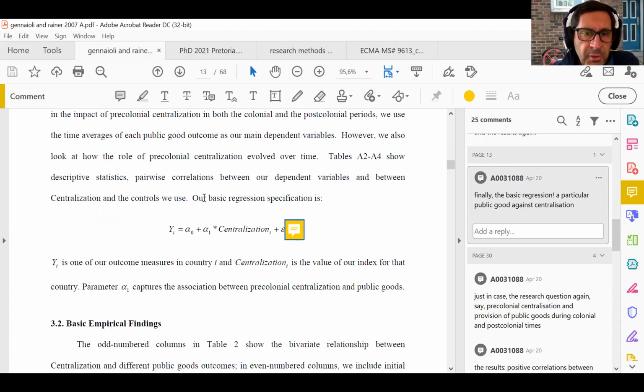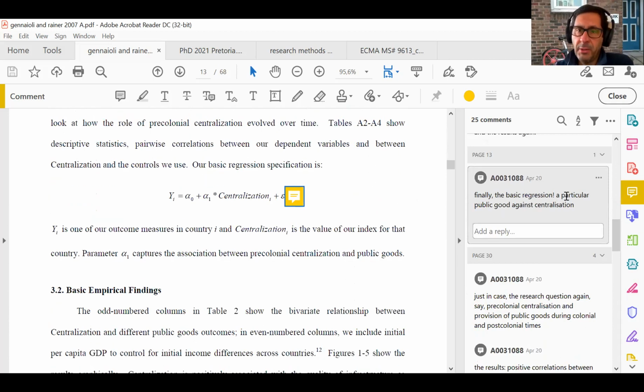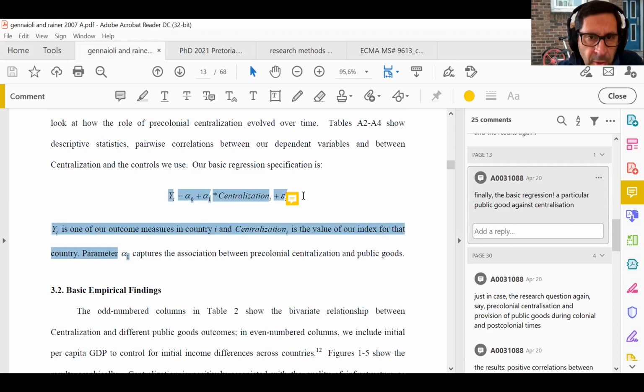And that is, folks, the basic regression specification. Finally, the basic regression, a particular public good against centralization. So it's a very simple regression. By the way, no overly complicated methods there. They essentially do OLS, and you can see from the notation that they run a cross section.